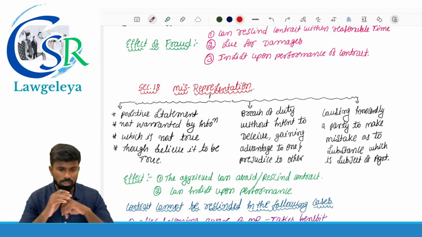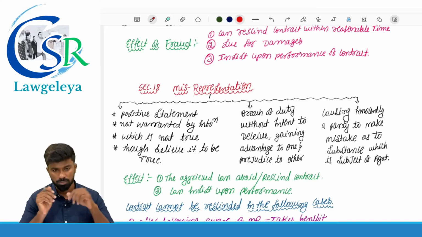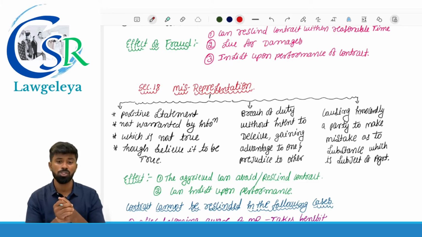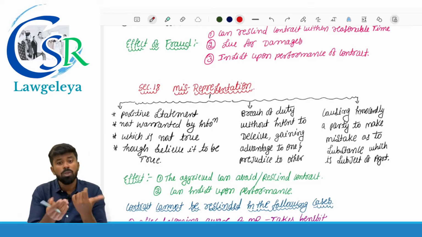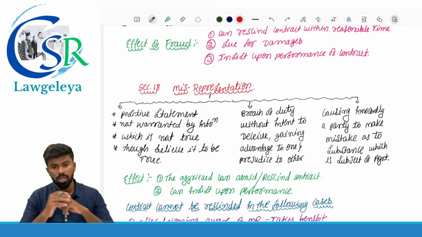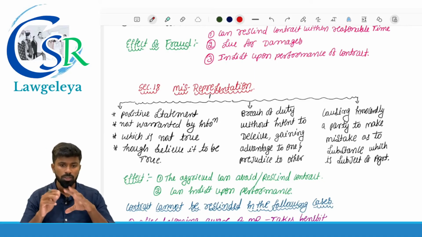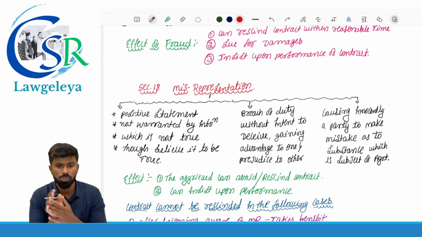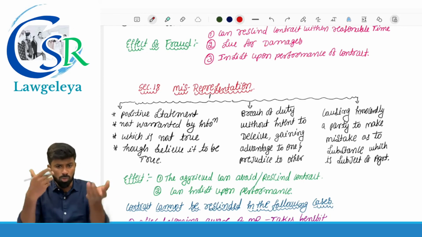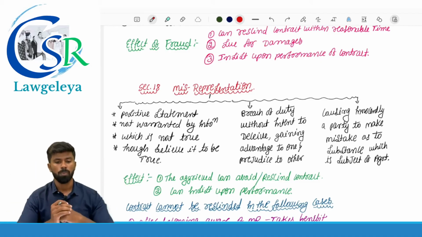So there are three parts in the definition of misrepresentation. The first one, any positive statement not warranted by the information which is not true, though he believes it to be true, is called as what? Misrepresentation. Second one, breach of duty. First one is any positive statement which is not warranted by his information, he is not aware about it, which is not true, but he believes it to be true.